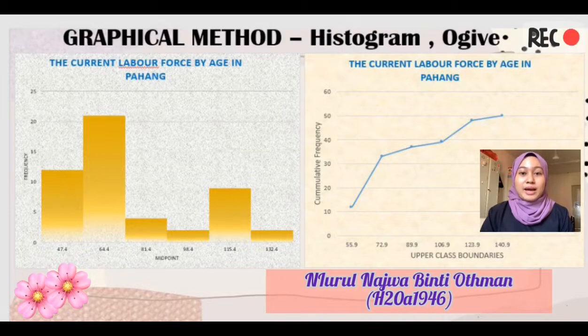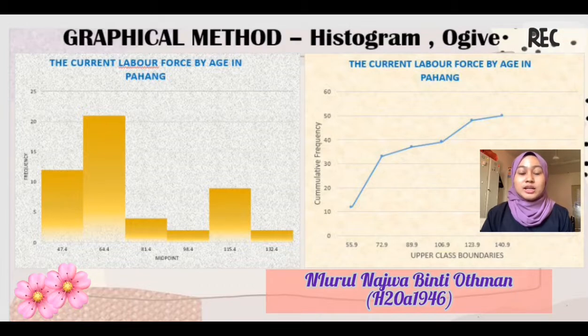Next, if we want to find the midpoint to construct the histogram and ogive, the midpoint can be found from the lower boundary and upper boundary, added and divided by 2. After that, frequency refers to the portion or percentage of the data that falls in the class.